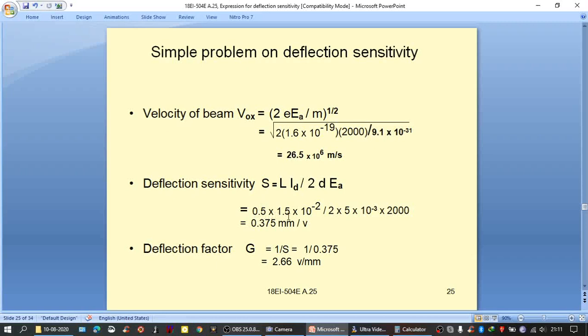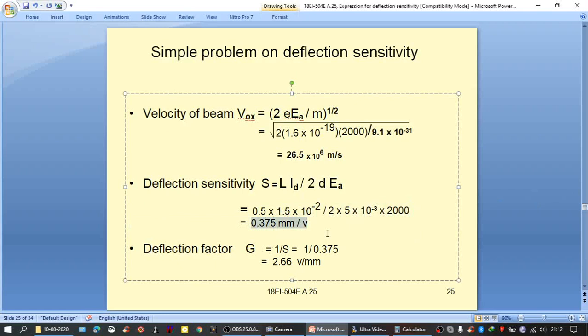0.5 into 0.15 into 10 power minus 2. So the value comes out to be 0.375 millimeters per volt. You can do the calculations here for this.